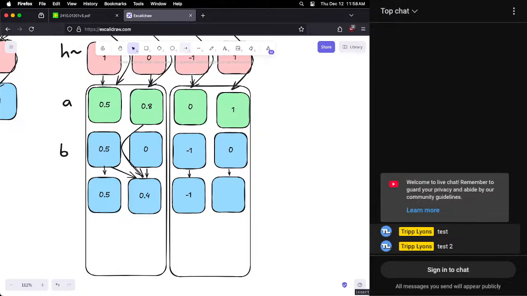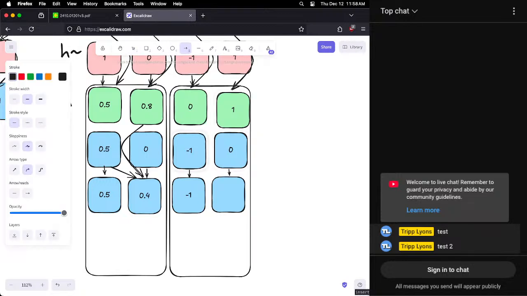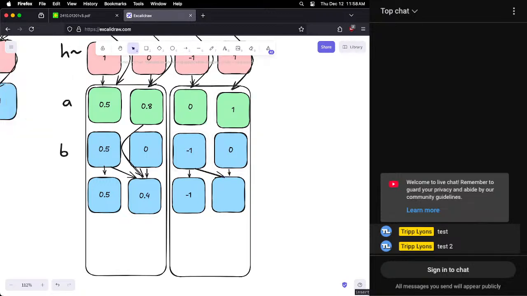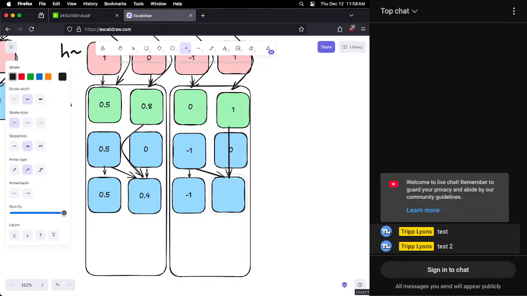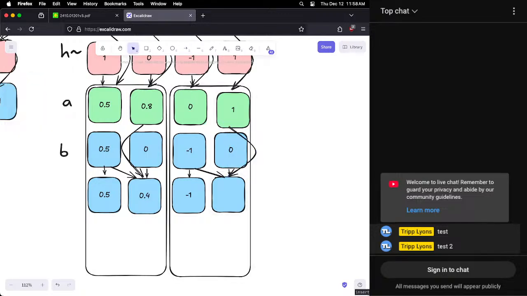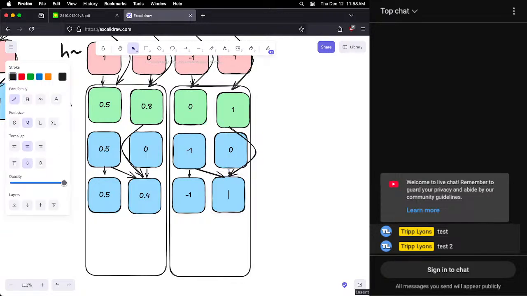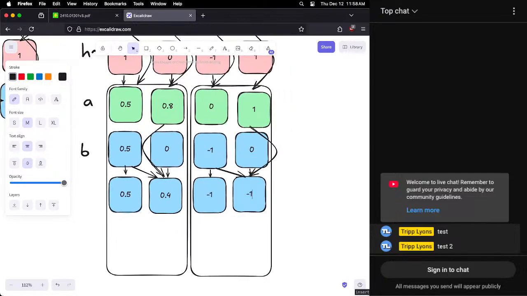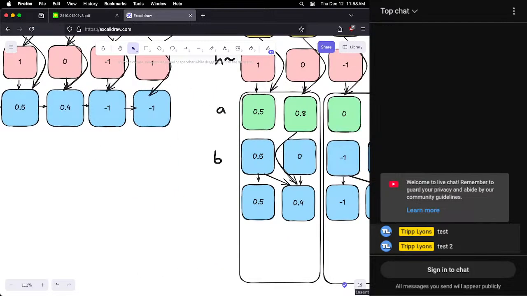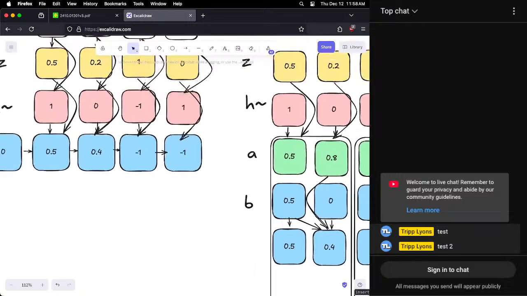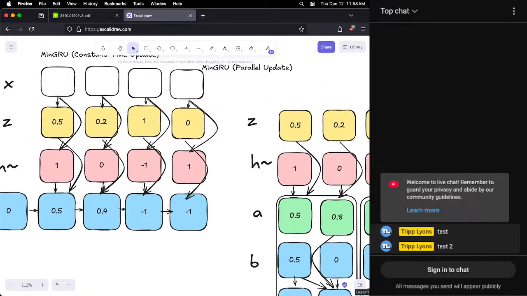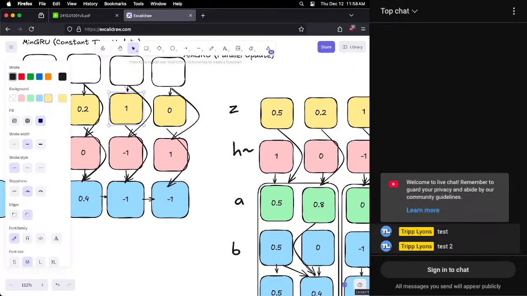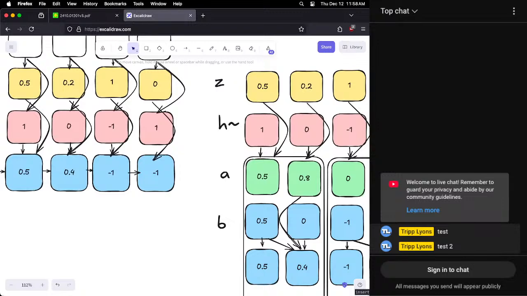Okay, this next one, we take -1 times 1 plus 0. That gives us -1. We already have the same sequences before, but that's just because this was a 1, I think.